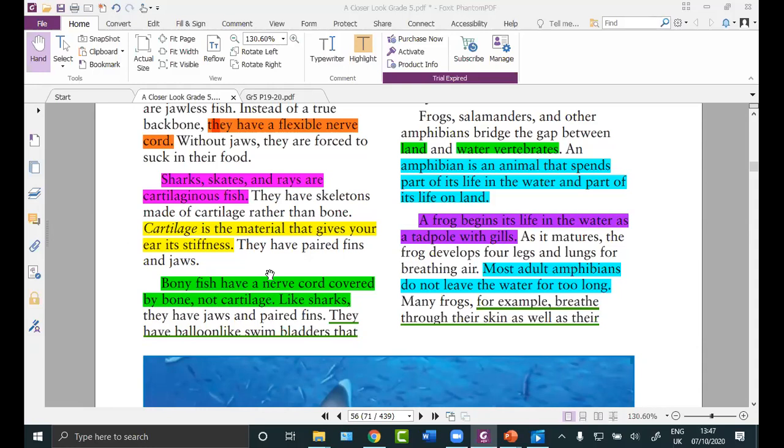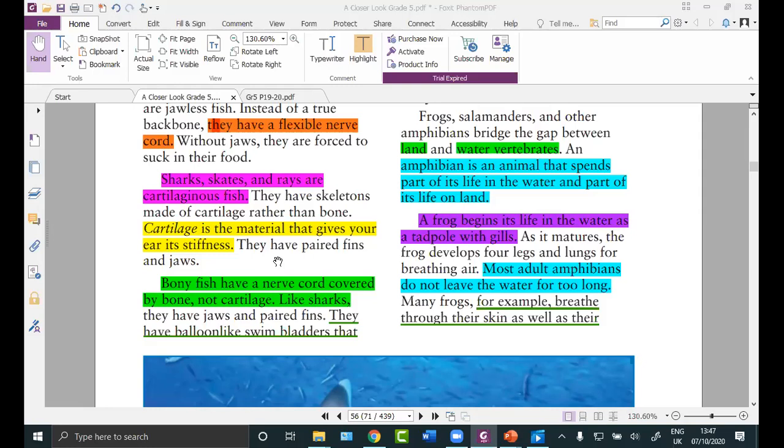Cartilage is the material that gives your ear its stiffness. They have fins and jaws. Thank you.